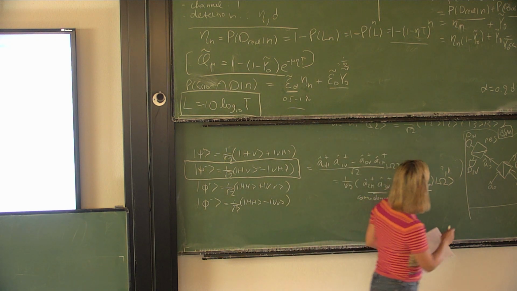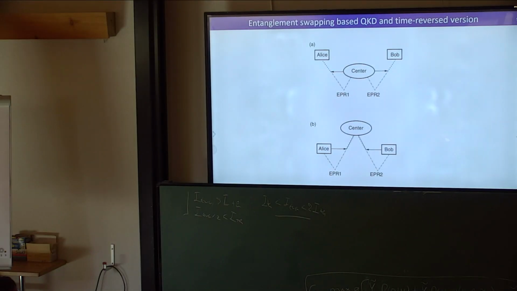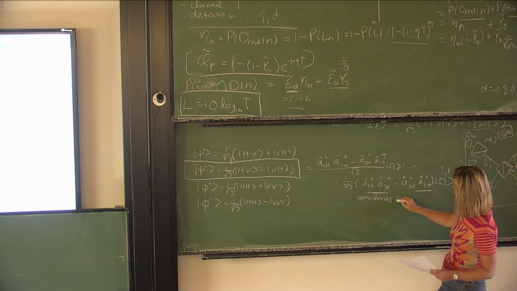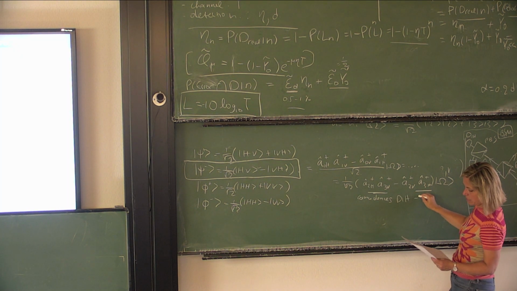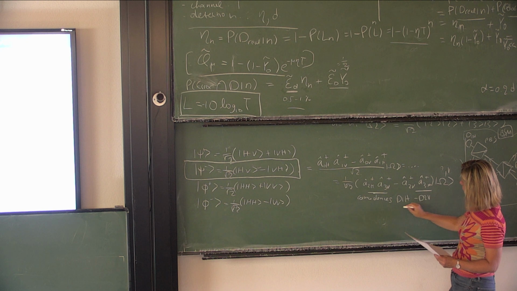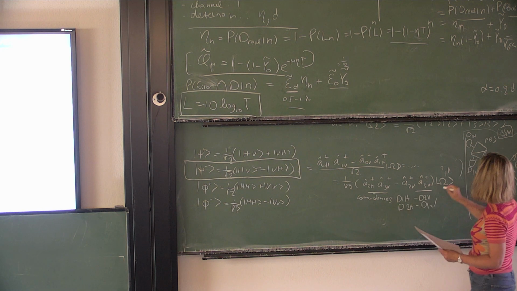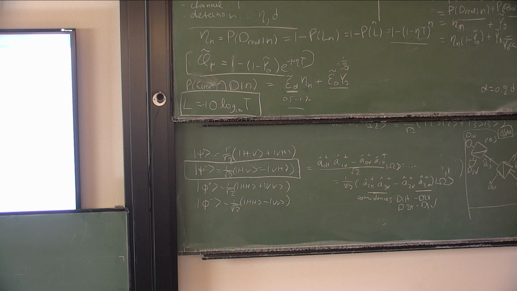If you follow the paths, you will get coincidences either on D1H and D2V, or D2H and D1V. So you will get coincidences between this detector and this detector if you enter a psi minus state, or between this detector here and this detector here, which is quite interesting.